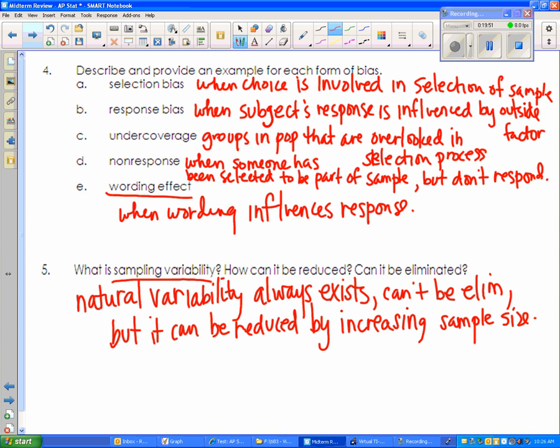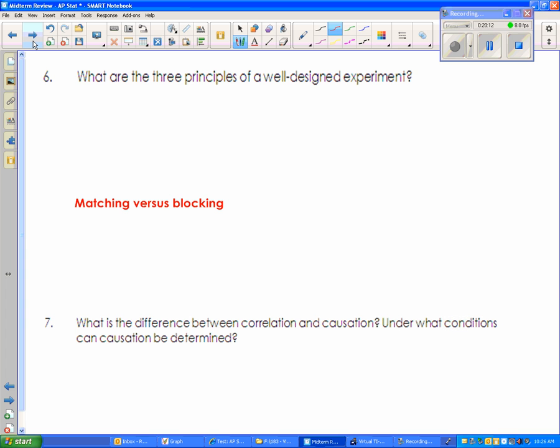So increasing the sample size reduces the sampling variability, not bias. The only way to reduce bias would be to consider using random techniques for selecting your sample, making sure that your wording is proper, doing an anonymous survey. So there are other ways of reducing bias, but bias and sampling variability are not the same thing.